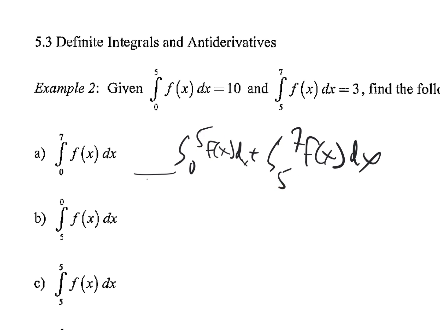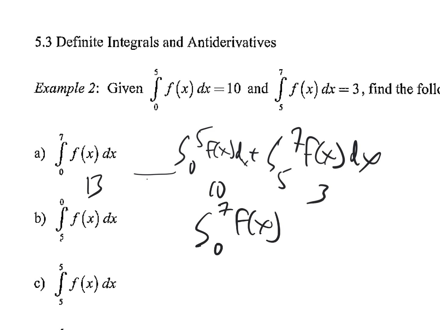That means it's just like a break in the middle. It's breaking at 5, so we're going to merge them together. If I add those two together, that's the same as the integral from 0 to 7 of f of x dx, and of course, that's what we're looking for. So this integral is 10, this integral is 3. If we add them together, that whole integral will be 13. Okay, so we mushed them together.